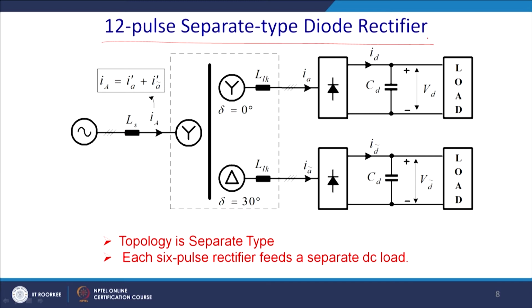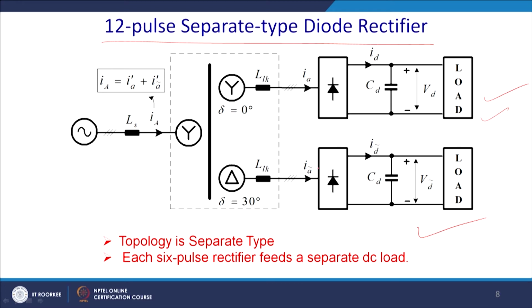Anyway, we can have this parallel connection also. It can feed one adjustable speed drive, it can feed another adjustable speed drive, but then there will be a problem because loading may differ and thus proper cancellation in the primary side may not be feasible.